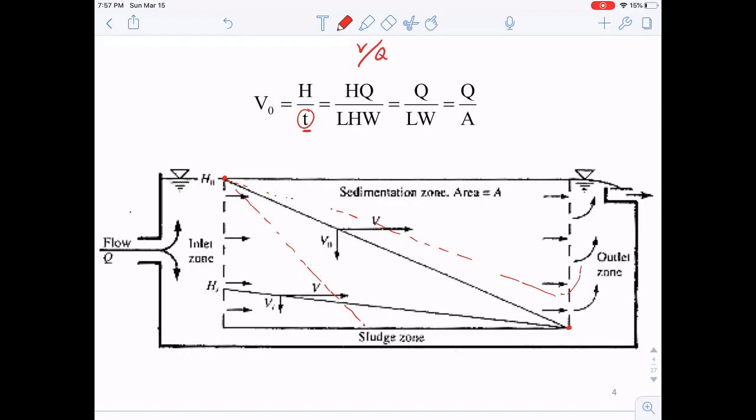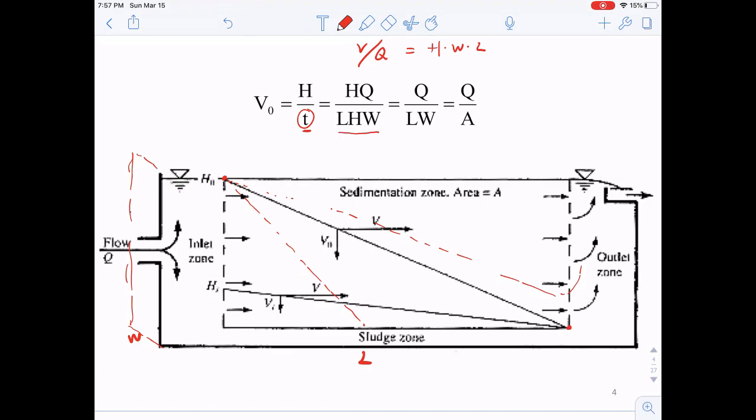So the time is equal to V divided by Q, right? And further, this V is equal to what? H multiplied by W multiplied by L. Well, the W is the width. So basically this basin will look like this, a cubic shape, right? And L is the length, right?